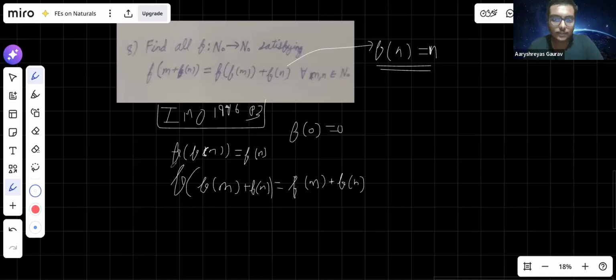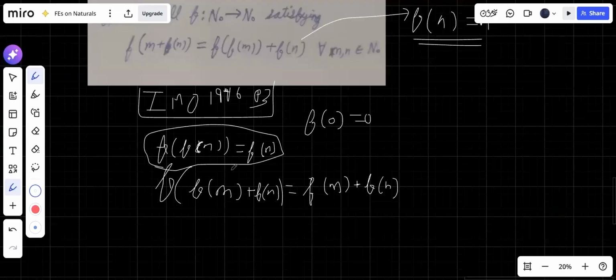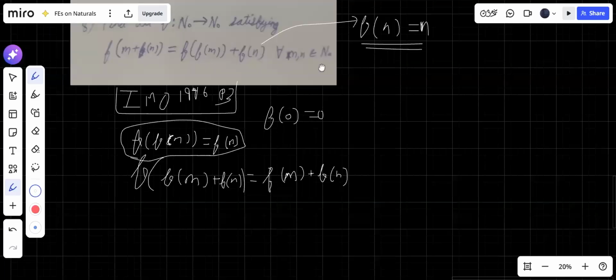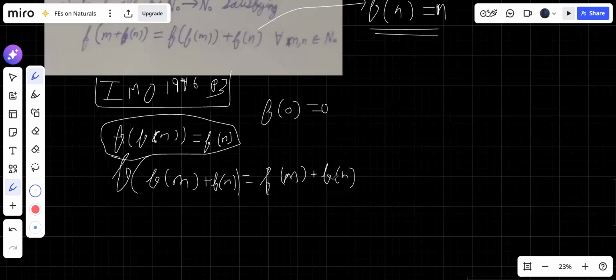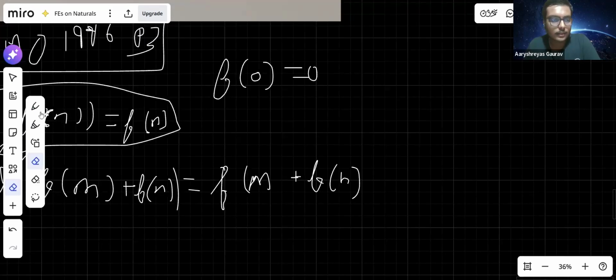Yeah, that is true, and we get this. Now we take f on both sides of the above equation. Then after simplification, we get that f of f of m plus f of n is equal to f of m plus f of n. Wait a second, did you mean this?